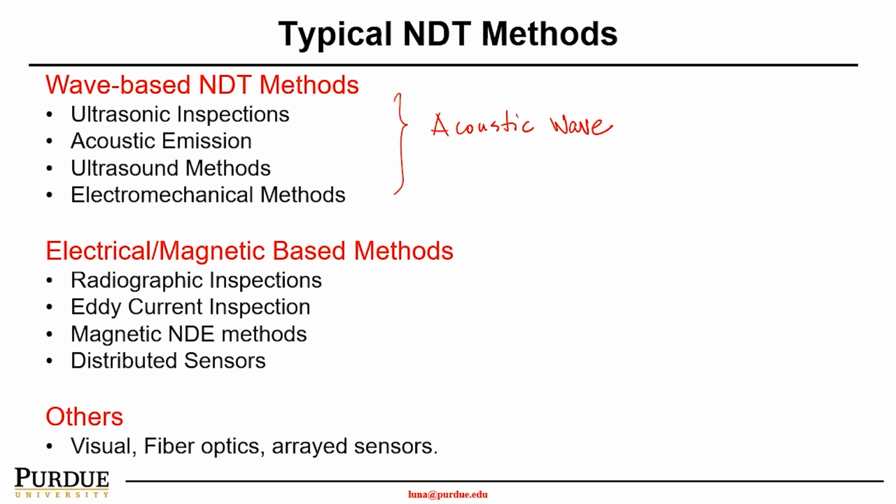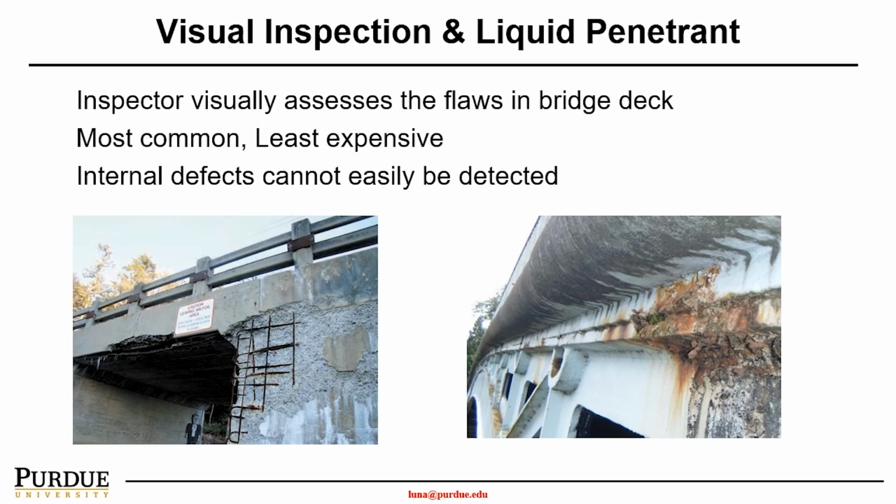Visual inspection is often overlooked. However, this is a very, very powerful tool, particularly for surface-induced defects. Probably the most common and least expensive NDT method is visual inspection.